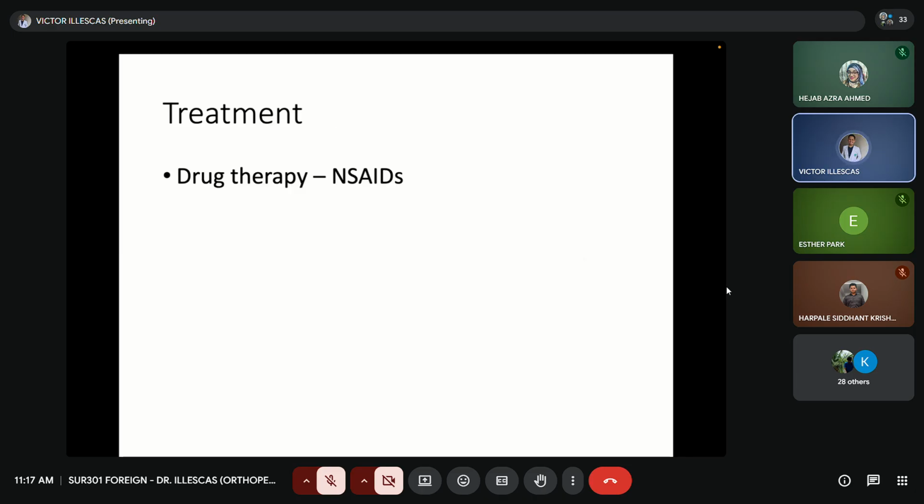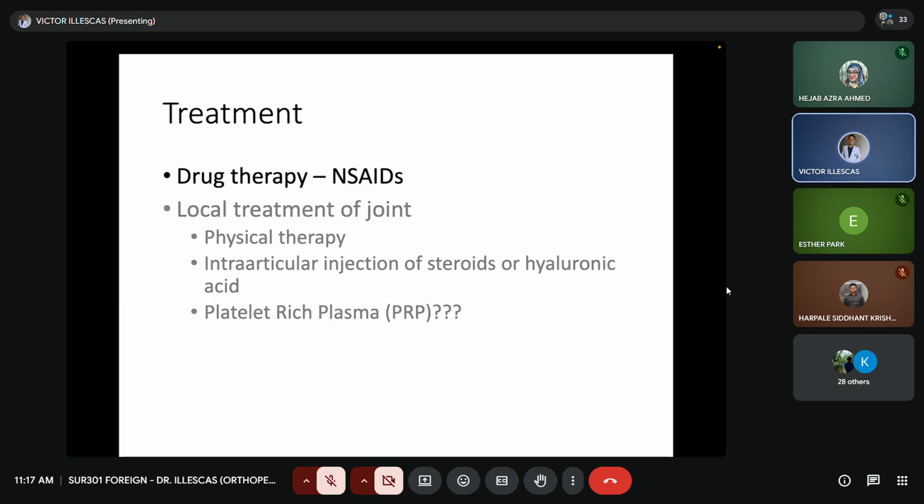The treatment first is conservative management with NSAIDs and physical therapy. So you want to decrease the pain with administration of NSAIDs, and then strengthen the muscles surrounding the already degraded bones, and with strengthening of the muscles, the patient may be able to tolerate the arthritic area.